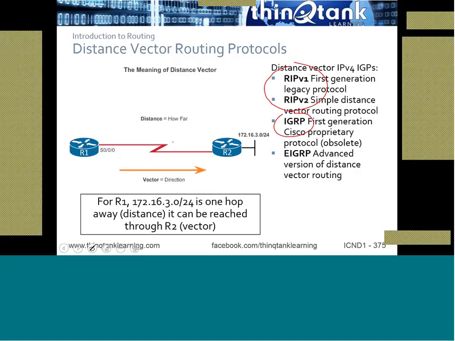IGRP and RIP both are periodic protocols. They both send out updates when a certain amount of time expires. In RIP, it's 60 seconds, and in IGRP, it was 90 seconds. EIGRP does incremental updates. It sends out updates when something changes.